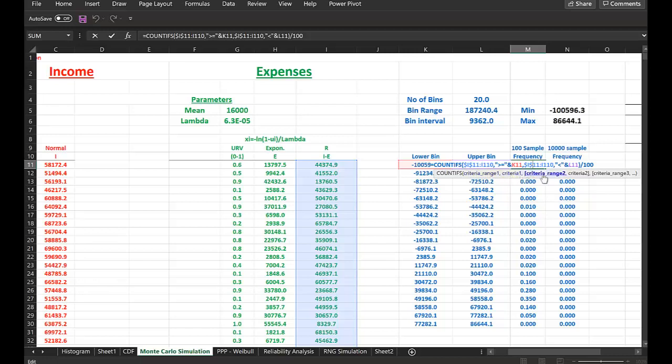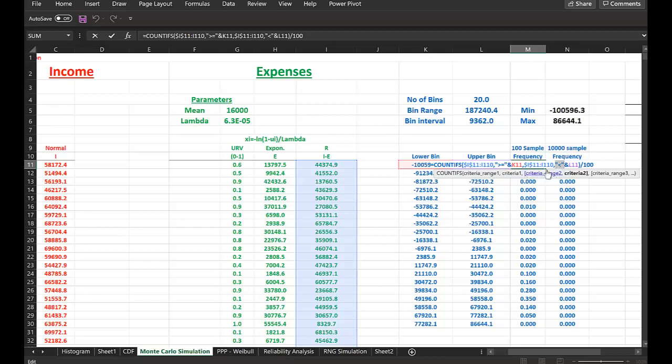Similarly, if I have two criteria, then a second criteria range and criteria. The first range is from 11 to 110, since I am taking only 100 samples, and the criteria is greater than or equal to K11. The second range is again 11 to 110, and the criteria is less than L11. L11 is nothing but the upper bin limit.